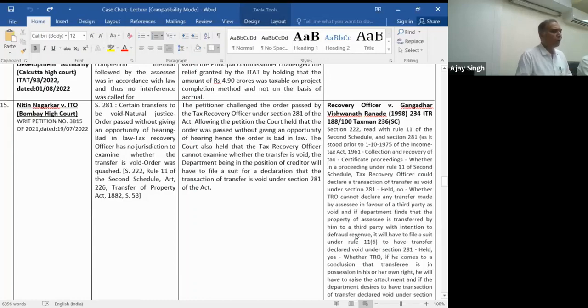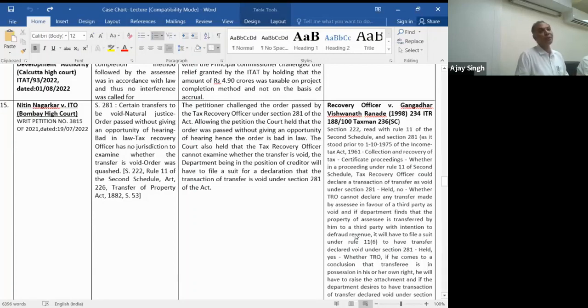One more offshoot of this, which I can say, is that whenever you are buying a property or doing this type of transaction, it is always better to give a notice in a newspaper. Considering the magnitude of your transaction, you can always consider giving a notice, which will be a notice at large to everyone, including the income tax department. In such a situation, this type of issue you can avoid.